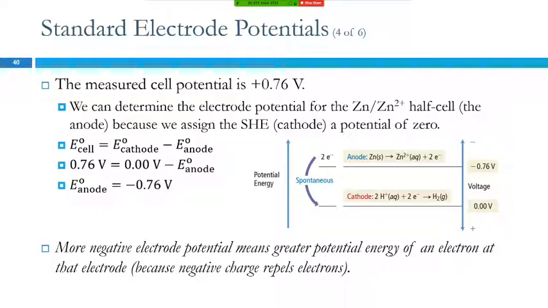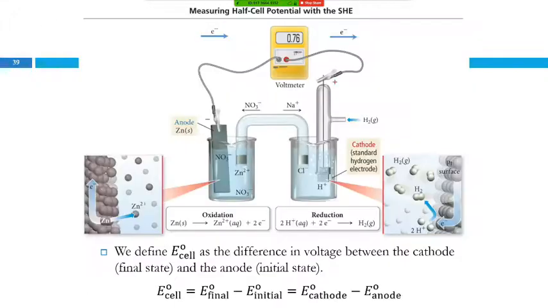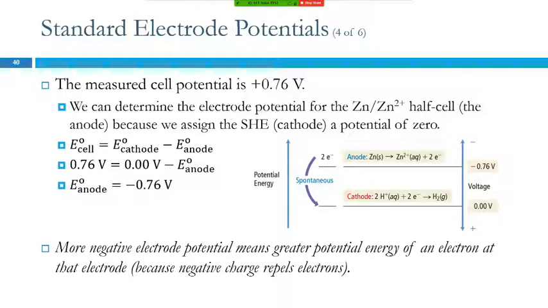So the measured potential there is positive 0.76. If you missed that, that's up here on the little voltmeter. So by measuring the cell potential there, we can figure out the electrode potential for the zinc half cell, the anode, because we know what the cathode is.